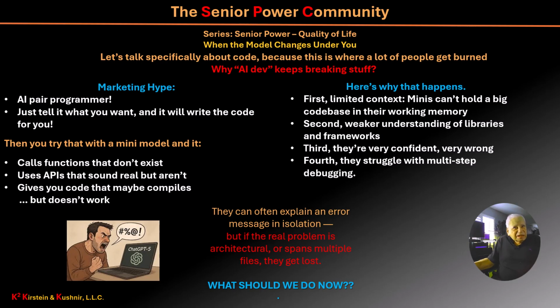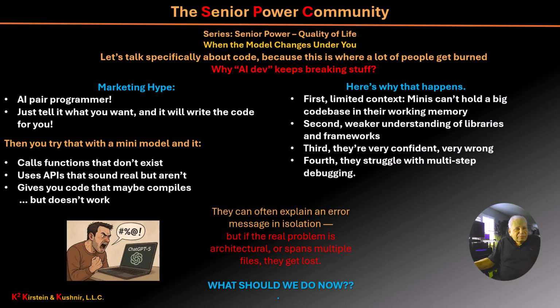Just tell it what you want and it'll write the code for you. Everything works just fine. And then you try that with a mini model and it calls functions that don't exist, uses APIs that sound real but aren't, and gives you code that maybe compiles but definitely doesn't work the way you expect.